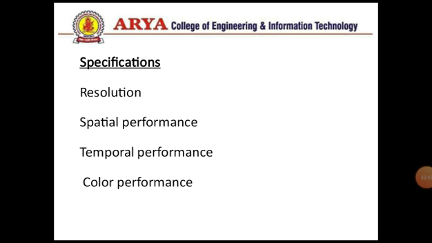Spatial performance is also connected with the quality of the signal or the video. Temporal performance helps to improve the signal, and due to this, LCD also has a good picture quality.